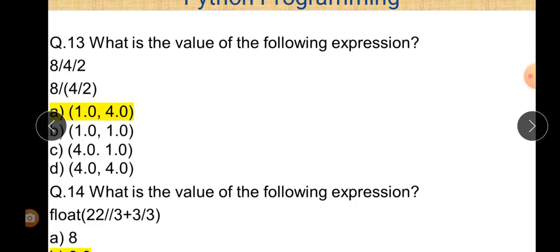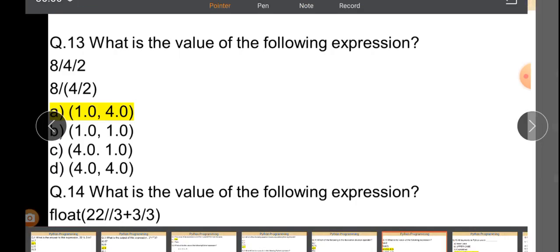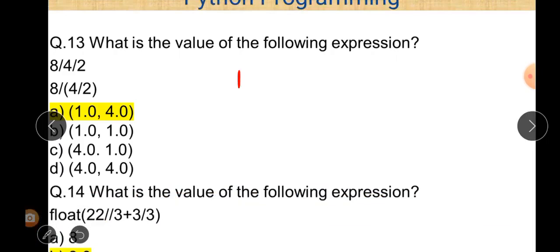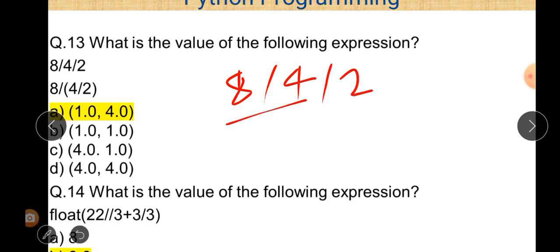As we know, slash represents the division operator, and its associativity is always from left to right. So first of all, 8 is divided by 4, that is 2.0, and the answer is always reflected as a float value.